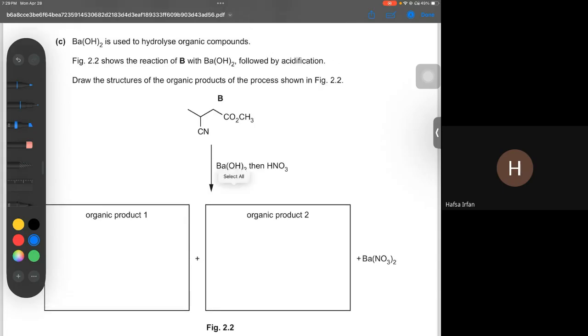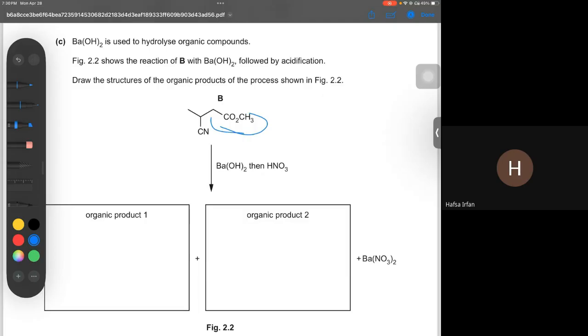So they are saying this is your ester. When you would be hydrolyzing this ester in the presence of acid, that is nitric acid, or in the presence of base, that is barium hydroxide, what would be the product?